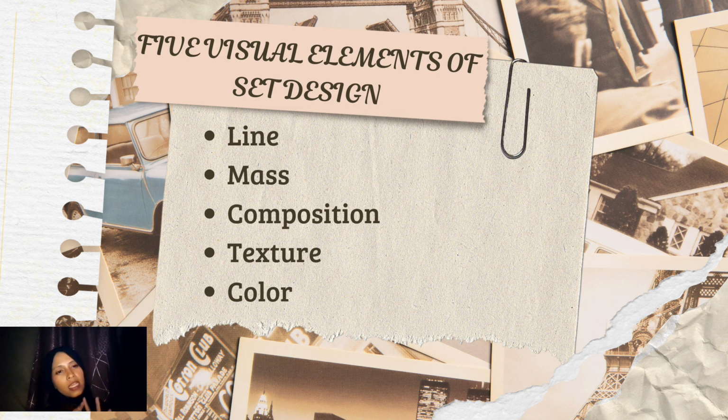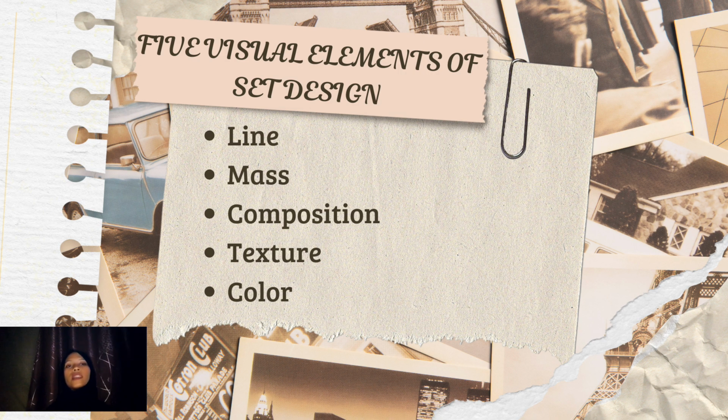The third one is composition, which is how everything is arranged on stage to create balance and harmony. The fourth one is texture, and this texture adds detail and realism, making the set feel more alive.